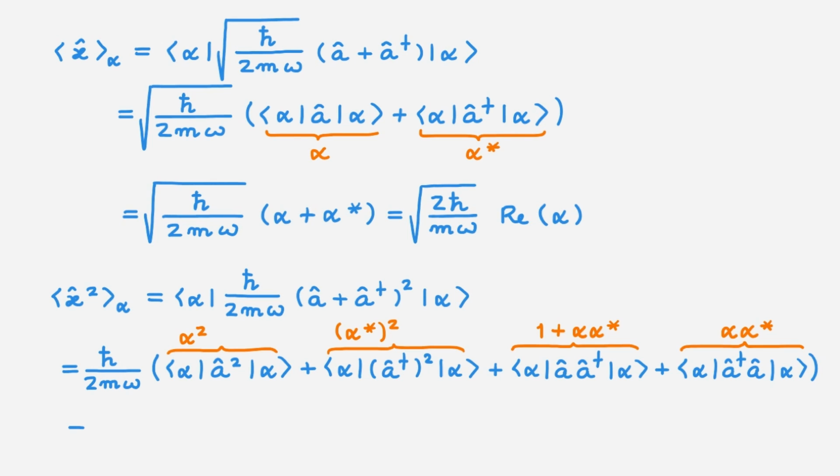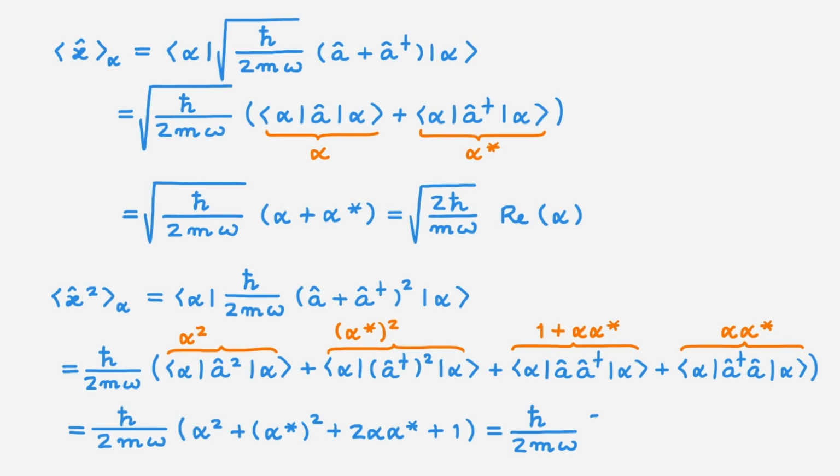Putting everything together, we end up with the prefactor times these 4 terms, and this expression simplifies to the prefactor times alpha plus alpha star all squared plus 1.